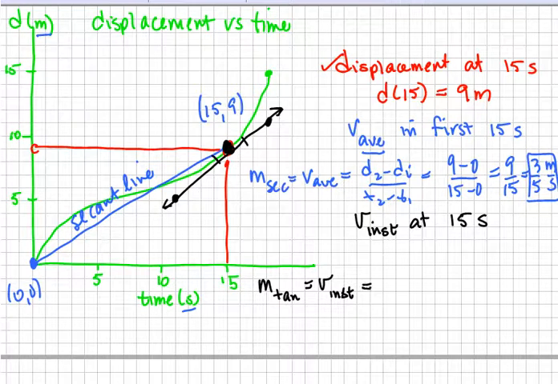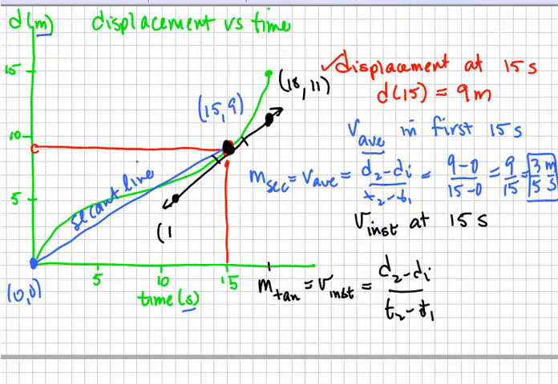Slope is still rise over run, so it's d2 minus d1 over t2 minus t1. In this case, my one point here is (11, 5)... and the other point is (18, 11).